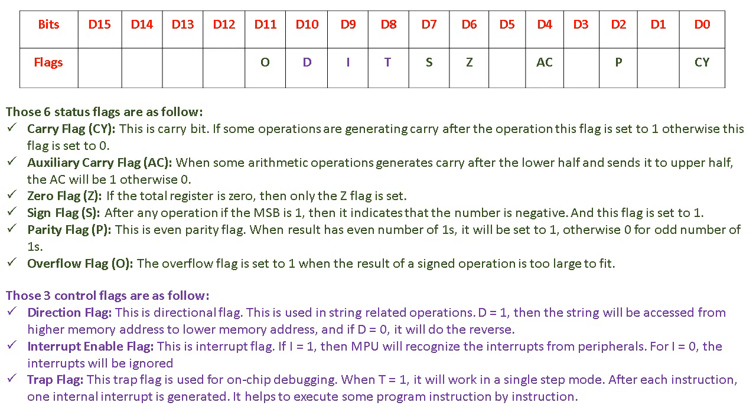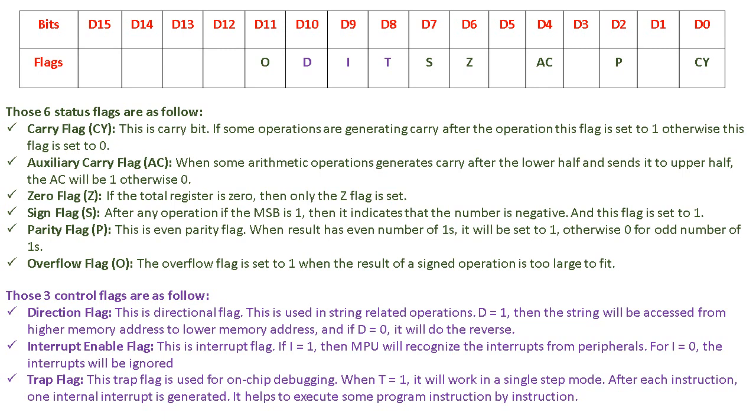The overflow flag is known as O. The overflow flag is set to 1 when the result of a signed operation is too large to fit. So if in any case the result of the signed operation is too large to fit in the memory place, then the overflow flag will be set to 1.